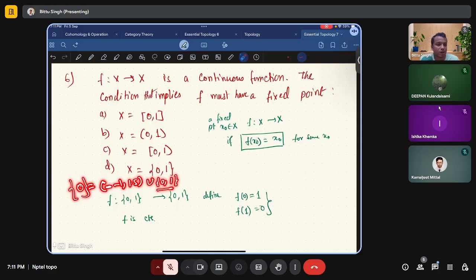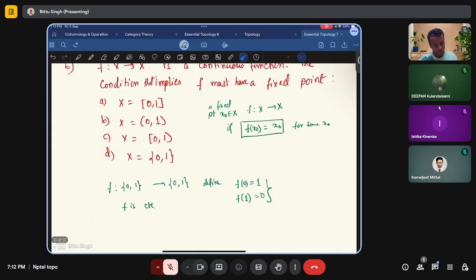So a subset is open means, how do you see something is open in this relative topology? It should be some open set intersection this set [0, 1). Okay, so this is the way we check if something is open or not in the subspace topology. This is a subspace of the real numbers.